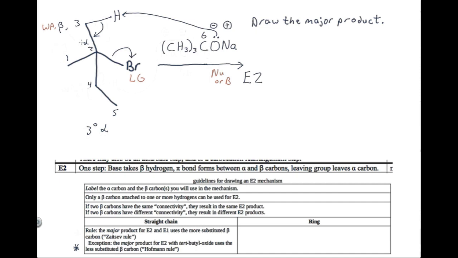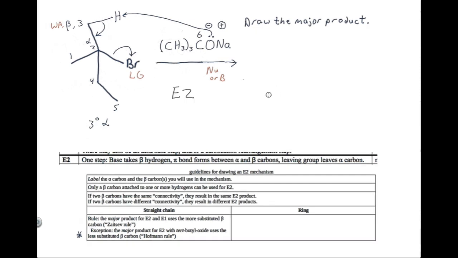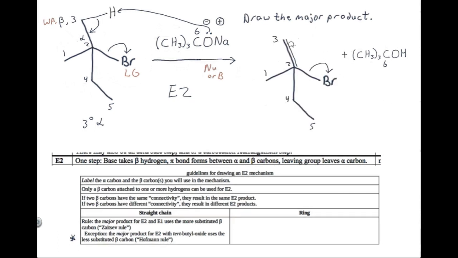Make sure you've labeled the alpha and the beta carbon that you're using. Now we draw the product. This arrow tells us to draw a bond between the oxygen and the hydrogen. The oxygen started negative and lost electrons, so the oxygen becomes neutral. This arrow tells us to erase the bond between carbon 3 and the hydrogen and to draw a new pi bond between carbon 3 and carbon 2.